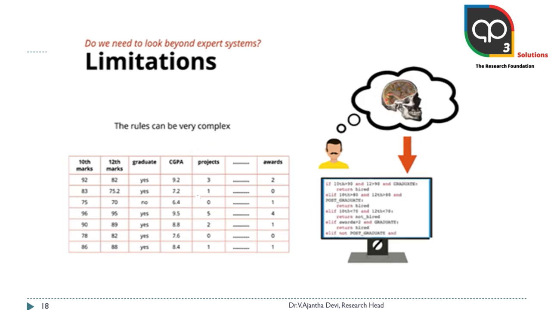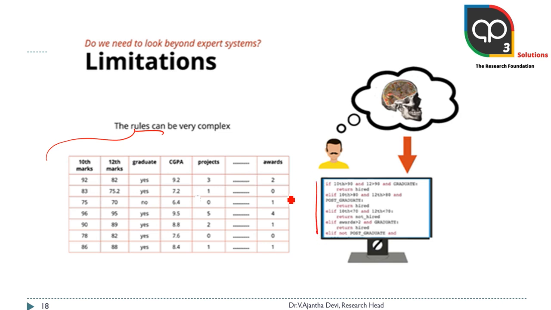The second limitation is that even if you have somehow been able to look at all this data, the rules you need to come up with might be too complex to write down as if and else.